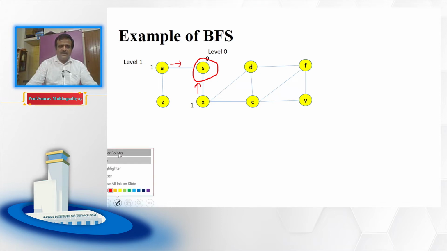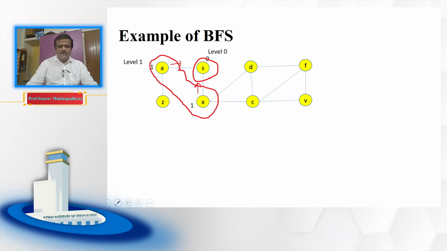And then we put these two vertices into the next set, and next will be the next frontier. So, these two we put into next, and this will be our next frontier.